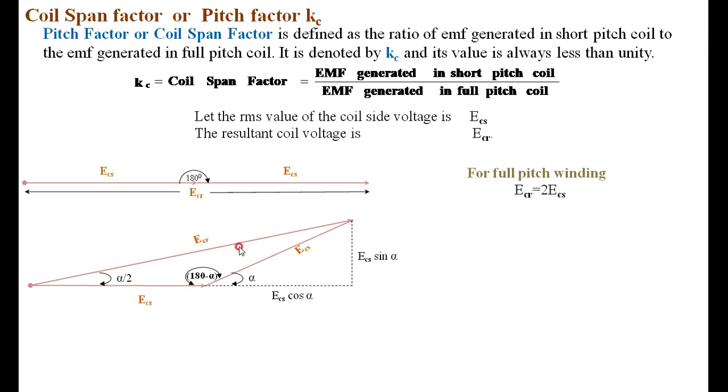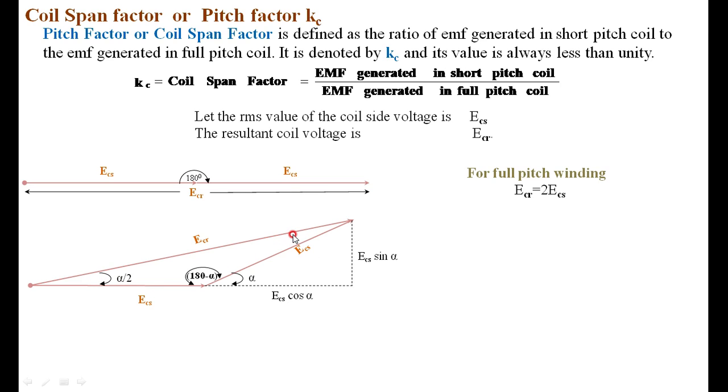Here, we know that for this triangle the total angle is 180. Out of that, you have 180 minus alpha. Adding 180 minus alpha plus x plus y equals 180, therefore x plus y is equal to alpha.